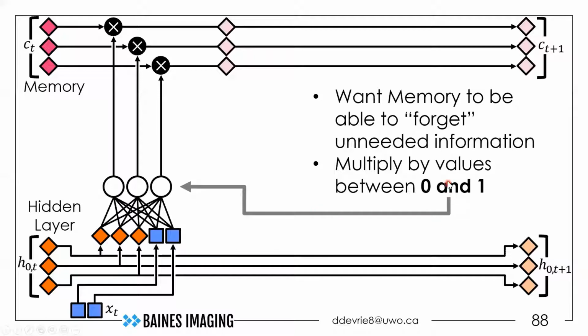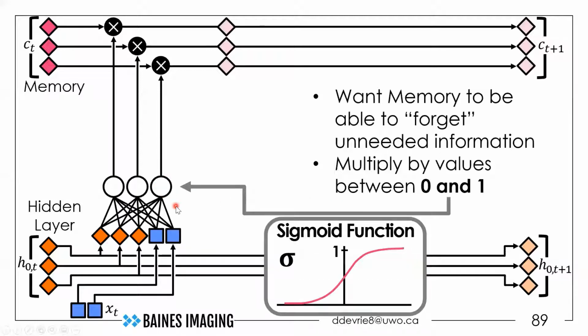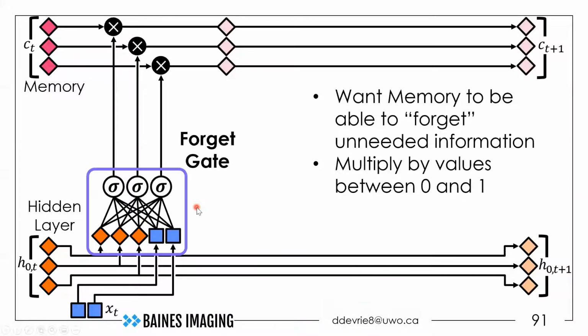Now, as we've said, we want to multiply by values between 0 and 1. And that will help us decide what kind of activation function should be within these neurons. As we know, the sigmoid function represented by the symbol sigma does exactly that. Whatever input we give it, it'll give us a value between 0 and 1. So that's a good activation for us to choose. And we'll represent that by putting a sigma within our little neurons to represent the activation function. So this is what's known as the forget gate within our LSTM network.